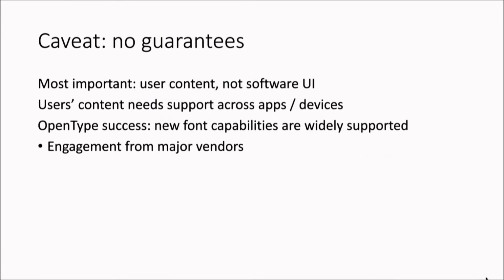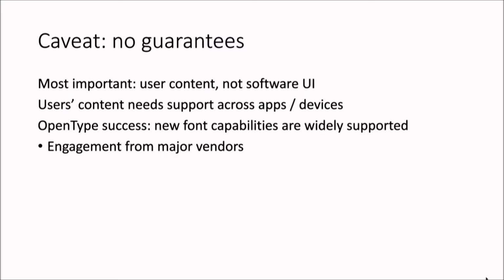Peter. Okay, so I mentioned some ideas for improvements in OpenType that can potentially benefit the world scripts, providing better fonts. I'll just give a caveat up front that there are no guarantees here. These are ideas, but it doesn't mean that they'll actually end up becoming a standard and implemented everywhere. Implemented everywhere is really key.